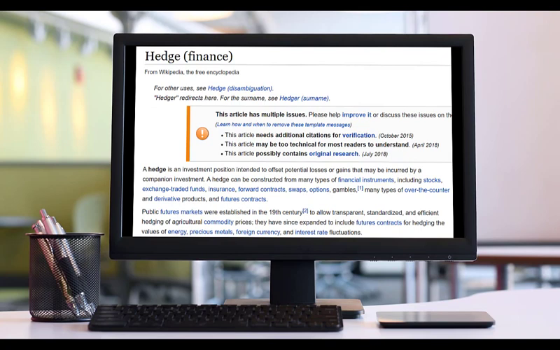They have since expanded to include futures contracts for hedging the values of energy, precious metals, foreign currencies, interest rate fluctuations, and yes, cryptocurrencies, i.e. Bitcoin, Ethereum.